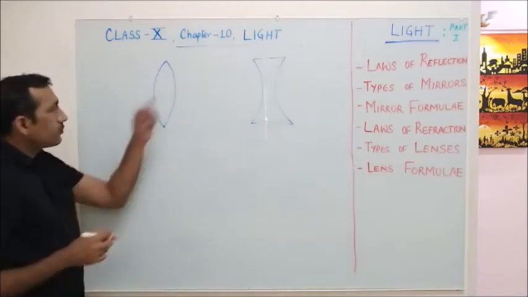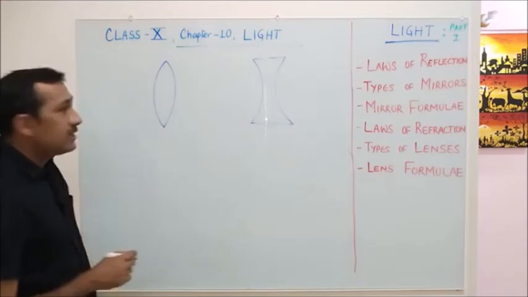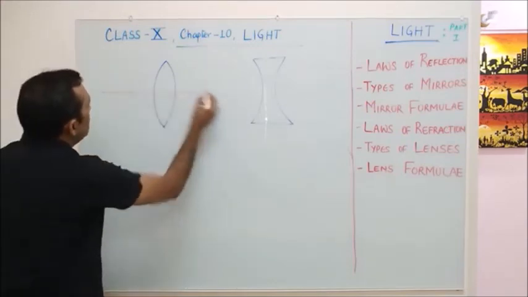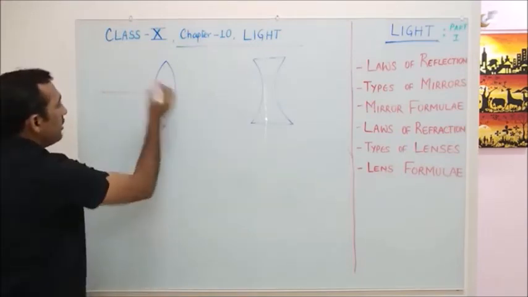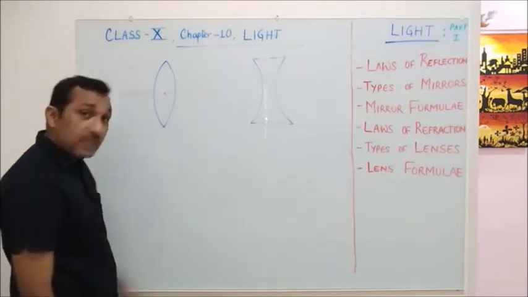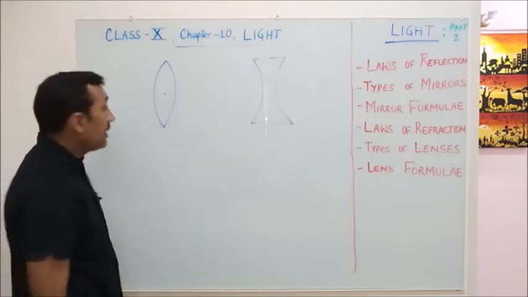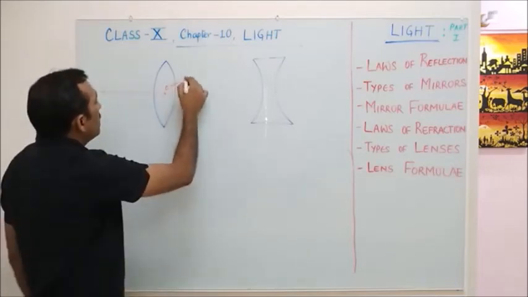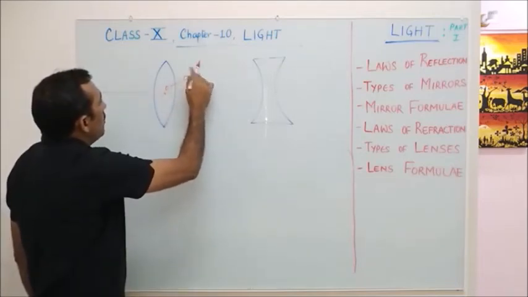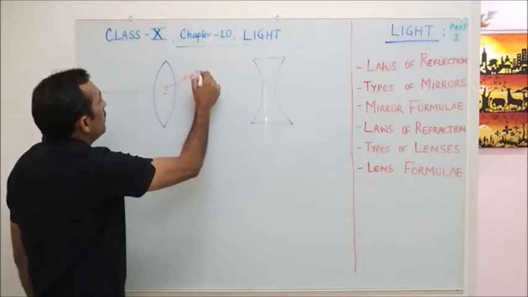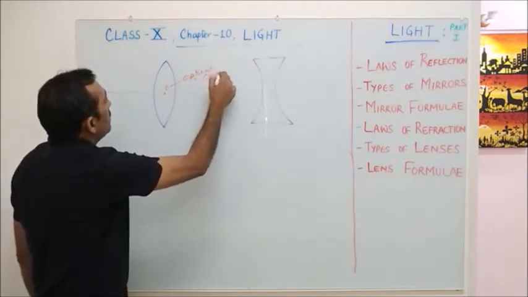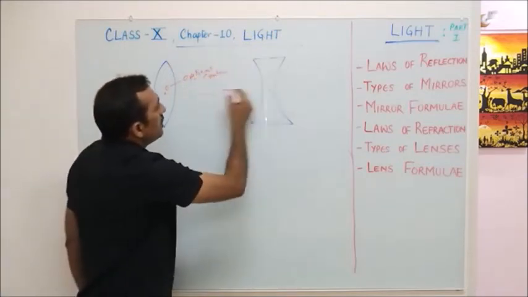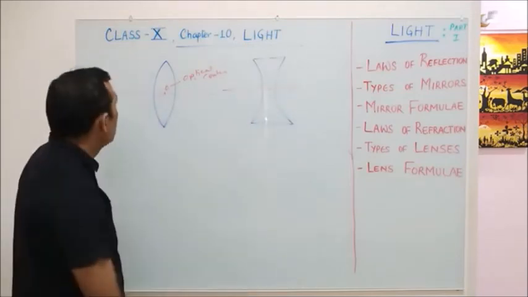So we have these lenses again. This is the principal axis, and the center of the lens is represented by O and called the optical center, right?